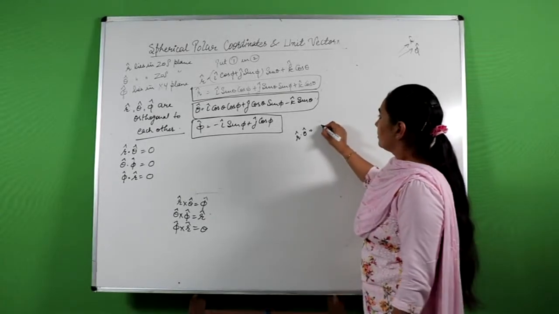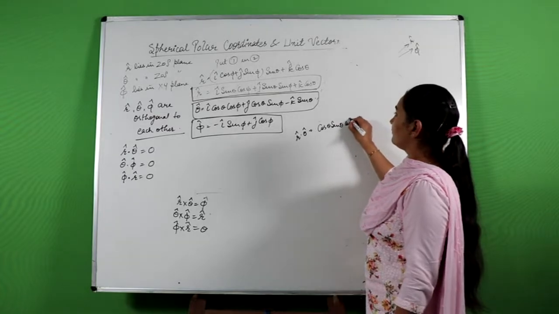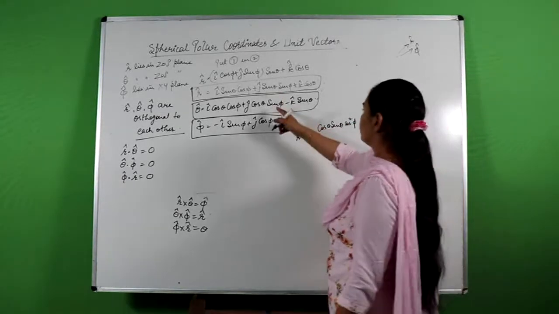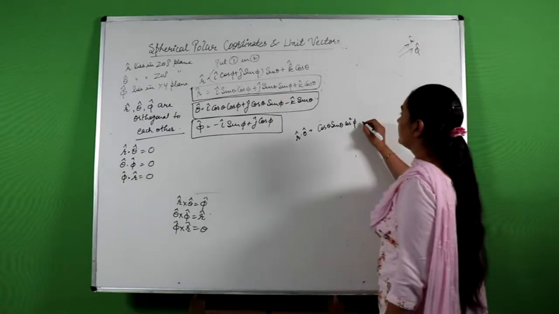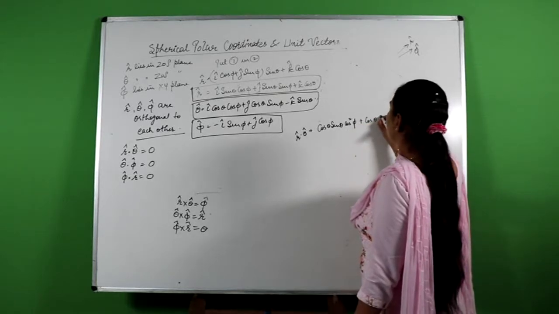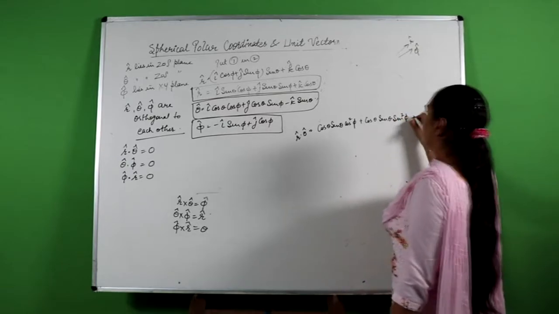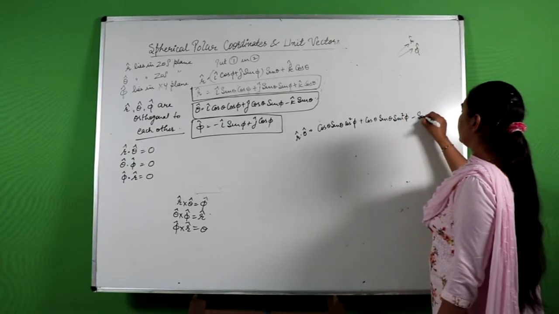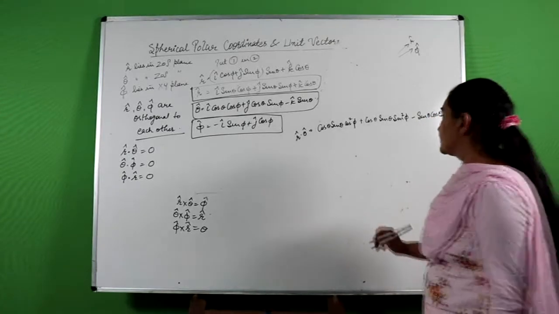For the i cap component it will be cos theta sin theta cos square phi, plus j cap: i dot i is 1, plus cos theta sin theta sin square phi, minus k cap sin theta cos theta, and the rest of the terms will be 0.